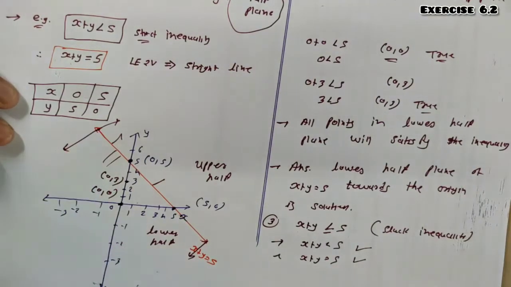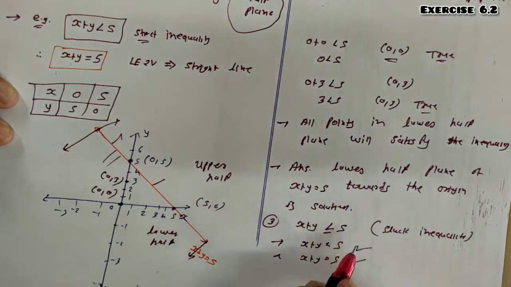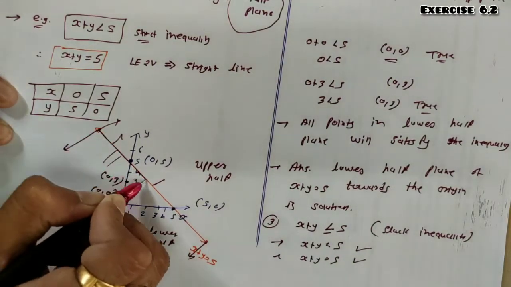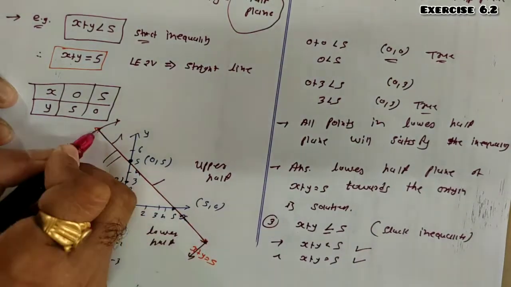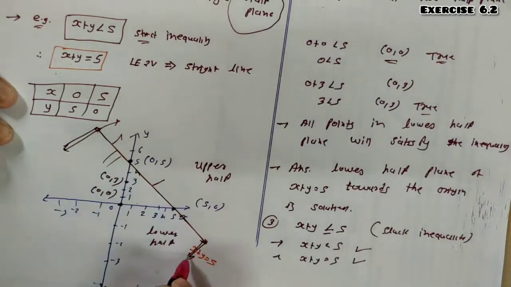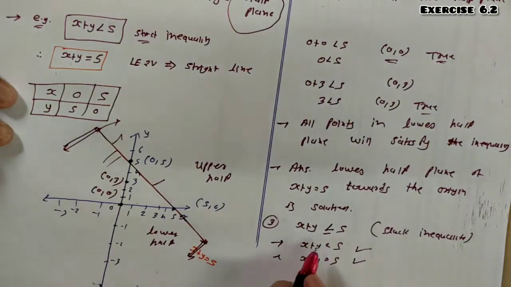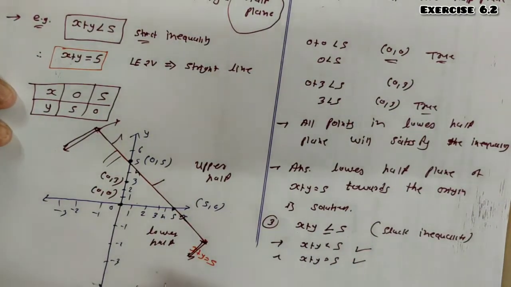So for the solution of this slack inequality, we have to consider this straight line as well as the half plane towards the origin. Clear? Clear all these three cases? The solution of a straight line, the solution of a strict inequality, as well as the solution of slack inequalities.